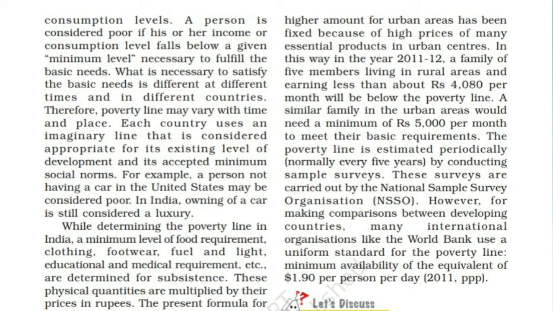Poor. So you know that the international poverty line means $1.90 per person per day. And those who are not able to acquire or earn this amount are considered as what? Poor.